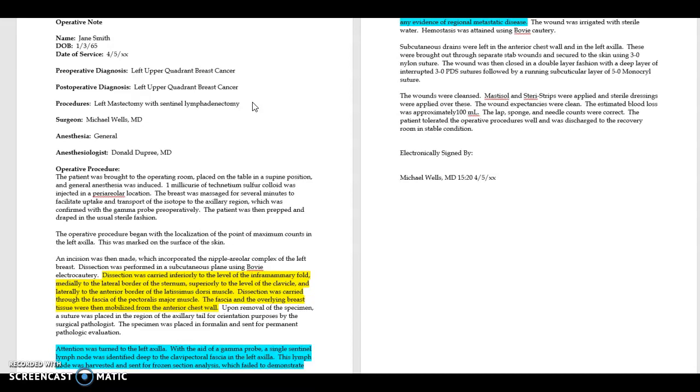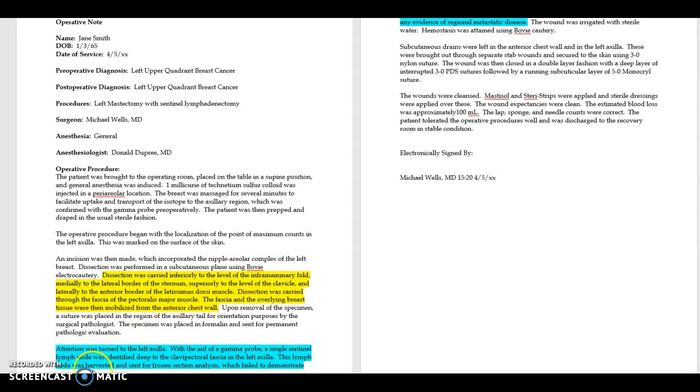A mastectomy complete, notice on that code description, does not include removal of the lymph nodes. So when you're looking through these different code descriptions, you want to see which one includes removing a lymph node, because here you can see that they're actually removing the lymph node.